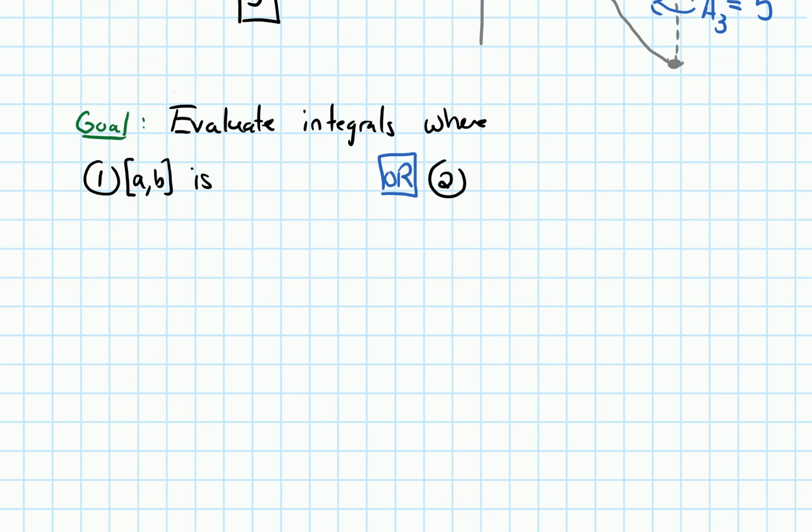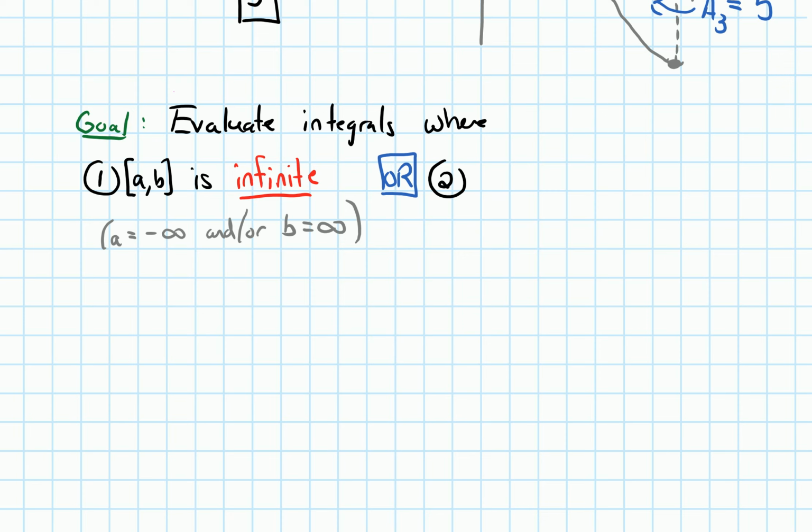What if it is infinite? That would mean that either a, the smaller of these endpoints, is negative infinity, or b, the larger of the two endpoints, is positive infinity.